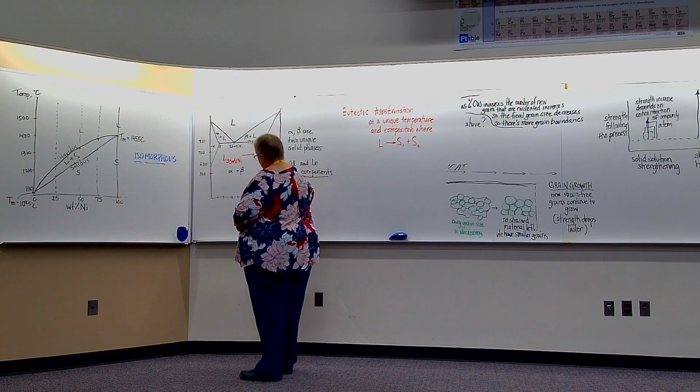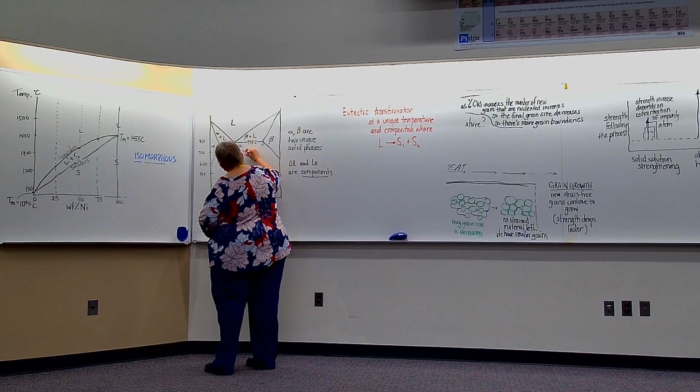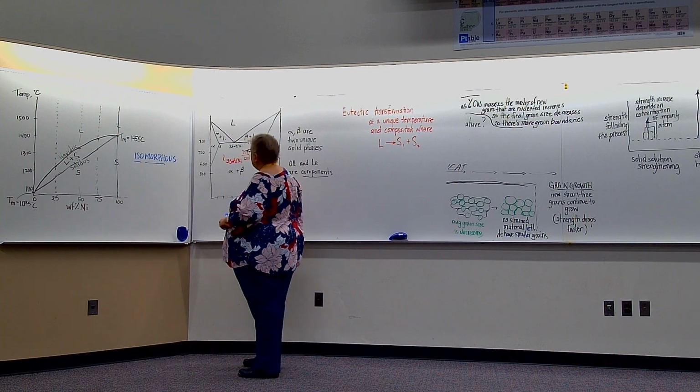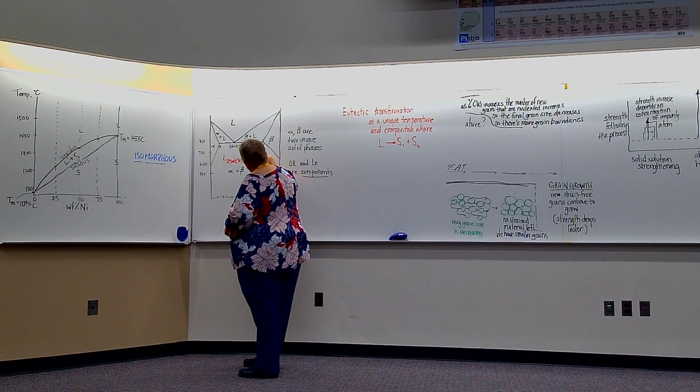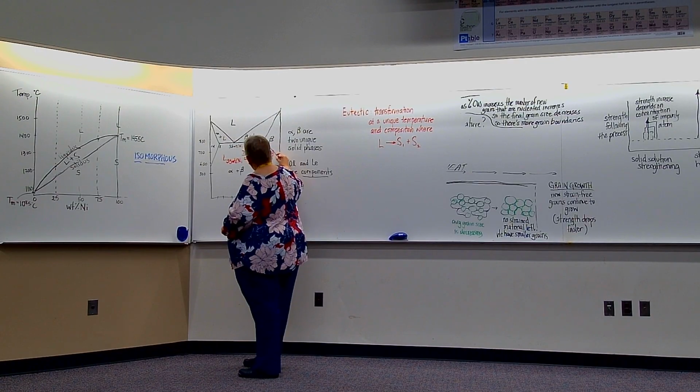So liquid at 35 weight percent nickel, when it's cooled through 775 degrees C, transforms to alpha, that's solid one, that has 18 weight percent nickel, plus beta that has 77 weight percent nickel.